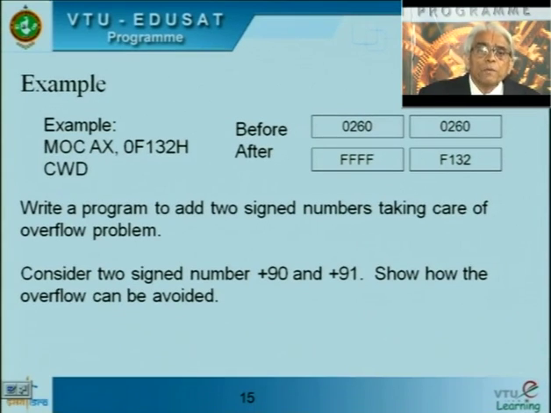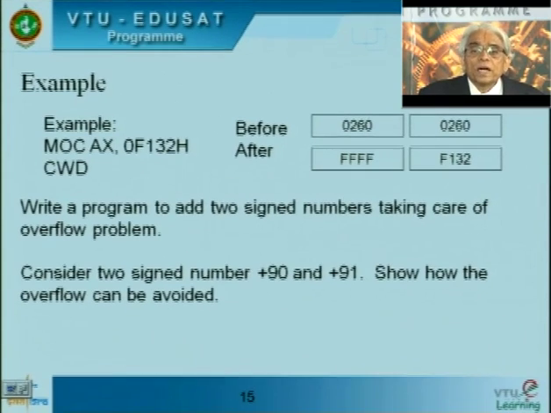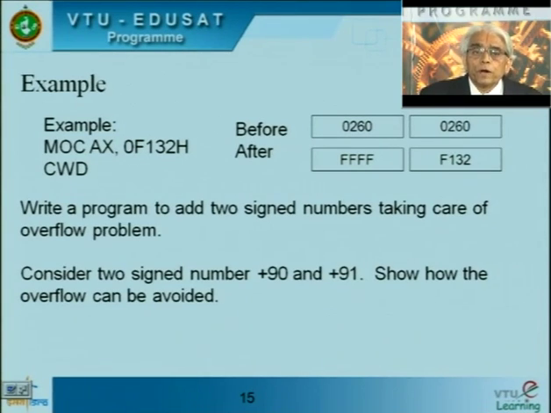Otherwise F132 hexa could be a variable name, and the assembler would not be able to differentiate. To make it understand, we put 0 and then give F132. So F132 would enable the convert word to double word, because the most significant bit is 1, it is carried to FFFF.